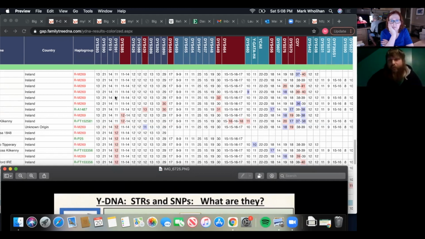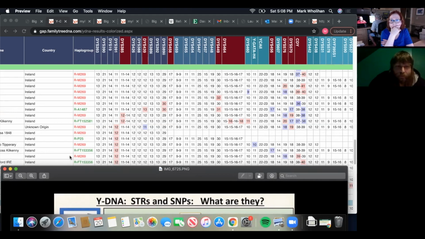It's not hard and true, but you can just say they're probably more closely related. There was some kind of mutation that happened here that this branch of people all inherited, let's say. That's not entirely true, but it's a good way to think about it.